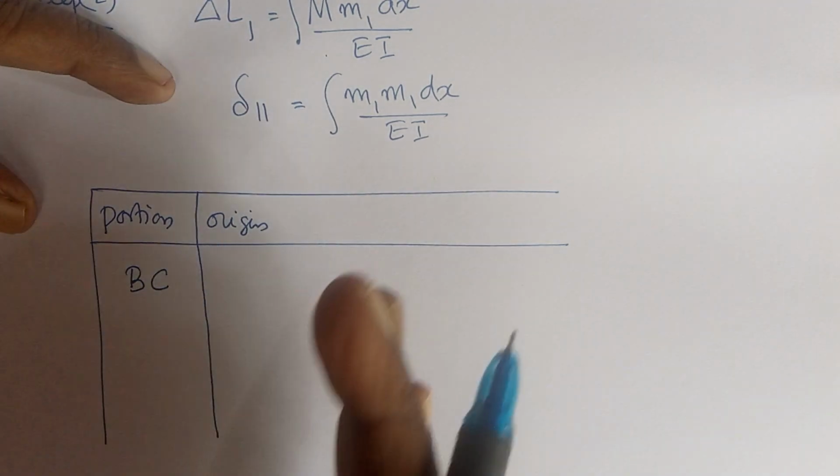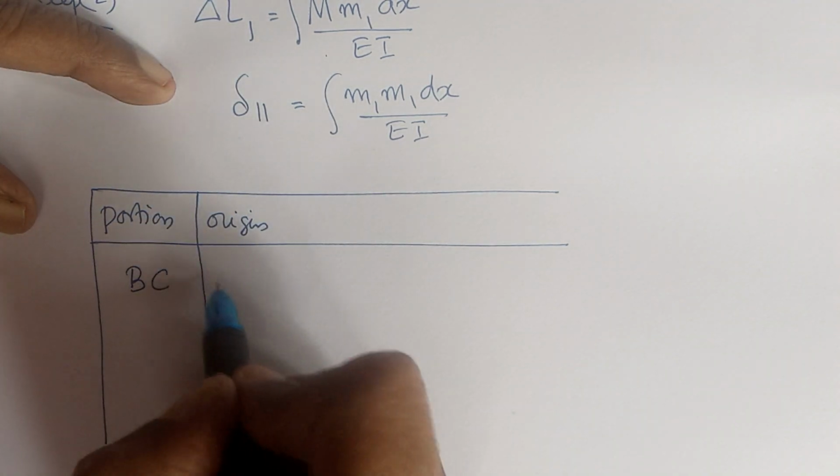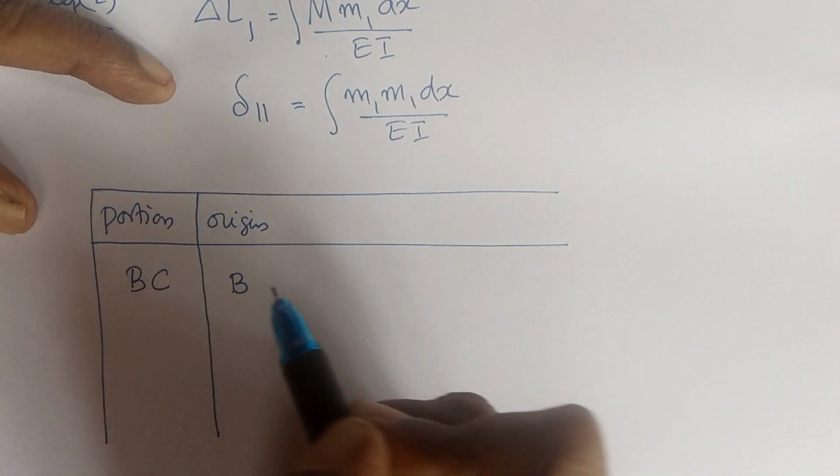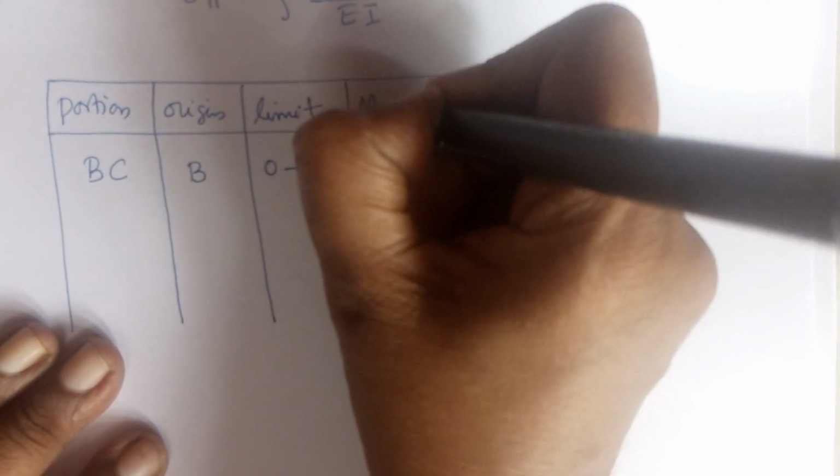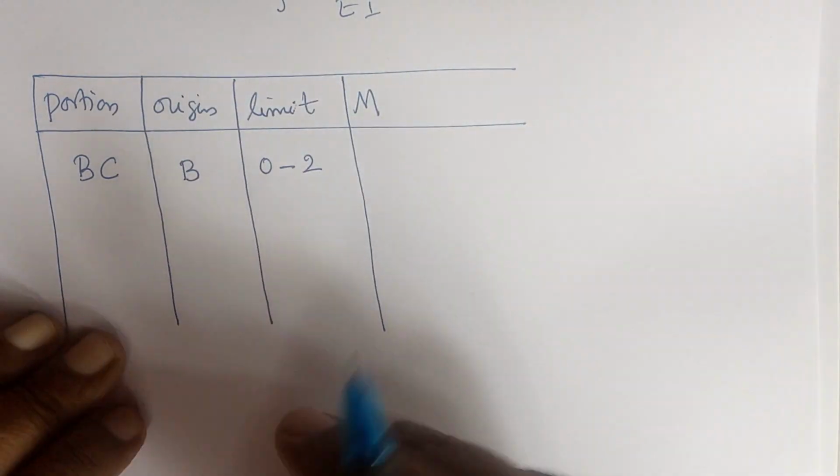Origin means the x distance from where we are going to measure. I am going to measure x from point B. We'll prepare a table like this. We're going to first portion BC. We'll take origin as B. So for the portion BC, what are the limits? 0 to 2. We are going to write down the expression for bending moment.